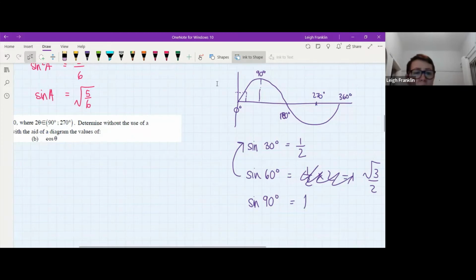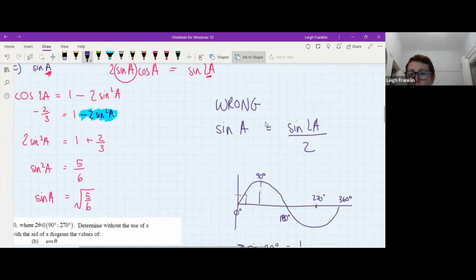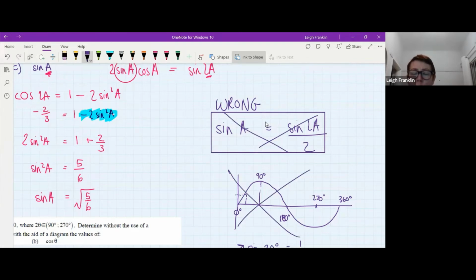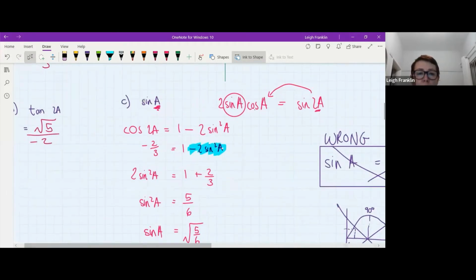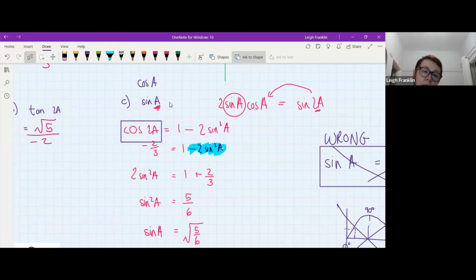So we cannot use this logic. It doesn't work. If we halve the angle, we're not going to halve the ratio as well. That is completely wrong. We're working along a curve. So the only way that you can solve for sine A, or if they wanted cos A, is to use cos 2A.